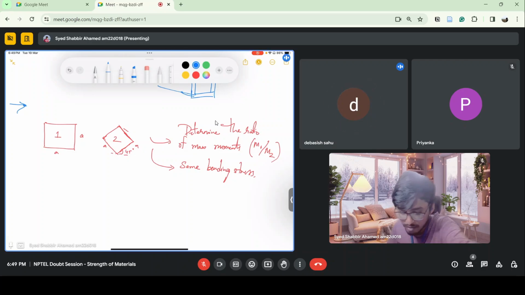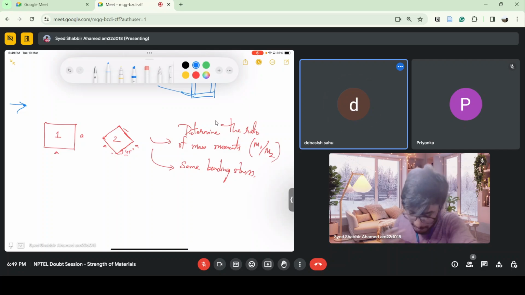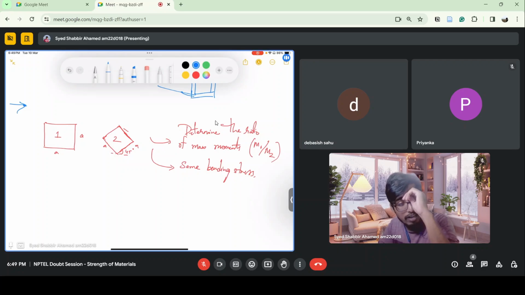How can we proceed with this? Do you have any idea? Can you suggest something from which we can get this ratio?